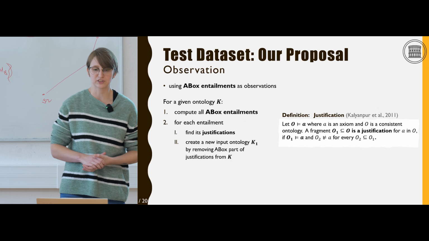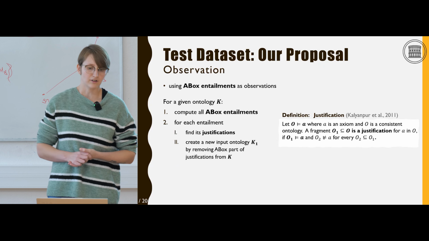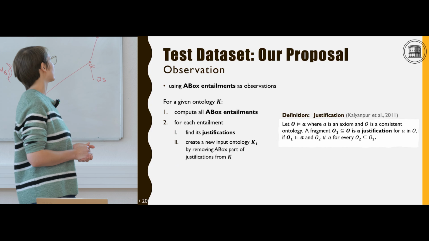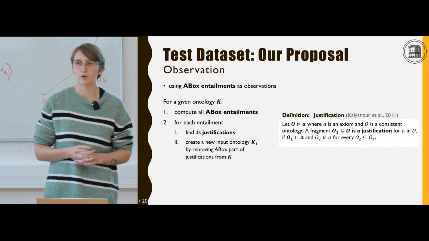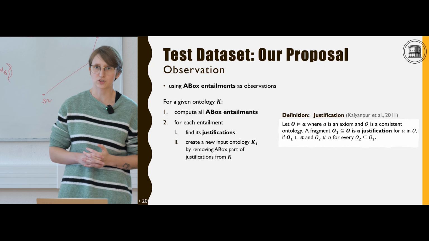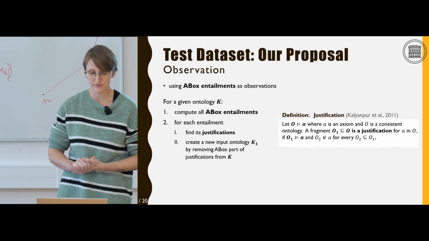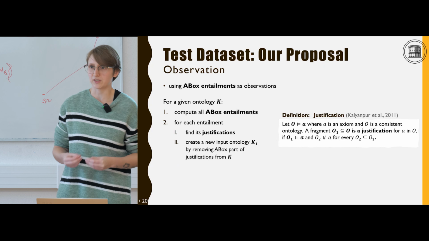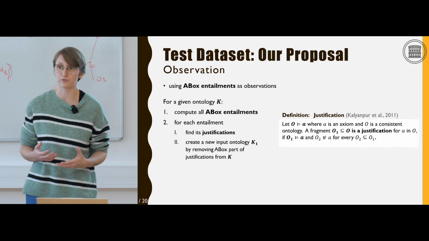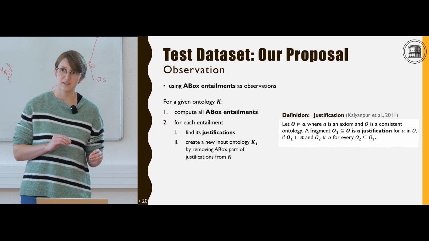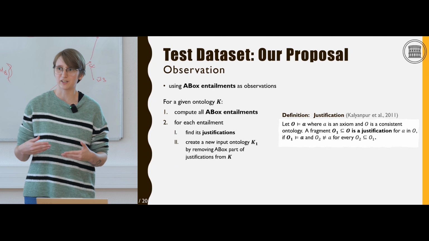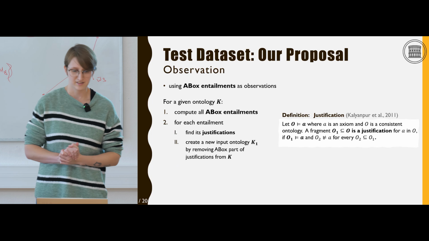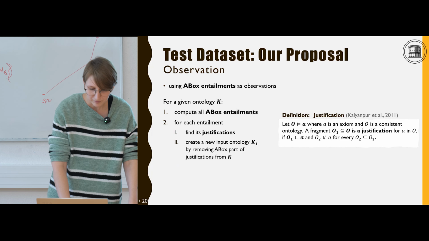So for the general process, we are given an ontology K, and we compute all entailments, which represent our new observations. Then for each entailment, we find its justifications, which is basically a formal term for sets that cause the entailment to be entailed. So that's just a formal term.